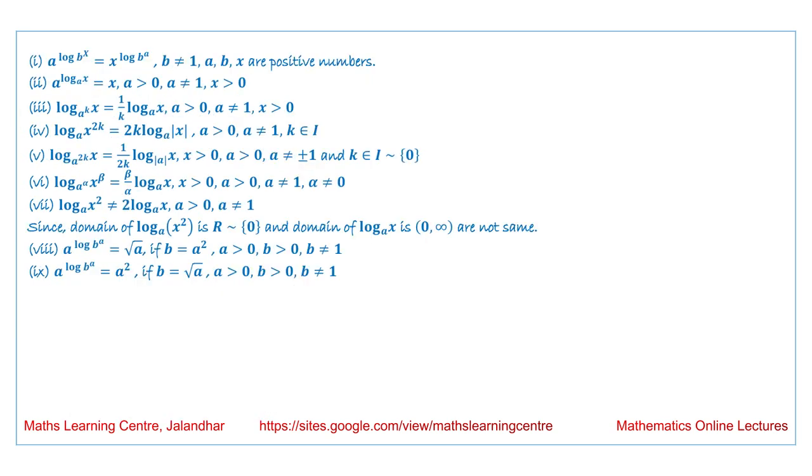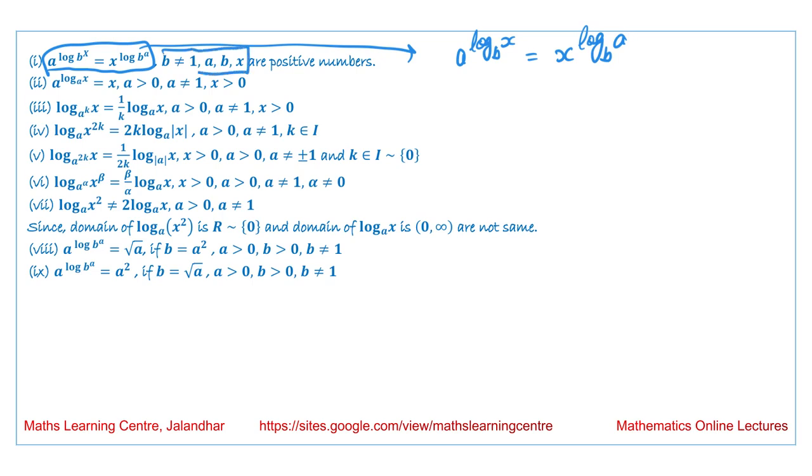Now the next results. The first result we have over here is a raised to the power log x to the base b. We are saying that is equal to x raised to the power log a to the base b, where b is not equal to 1 and a, b and x are positive numbers. So this result we have already seen in our previous slides.